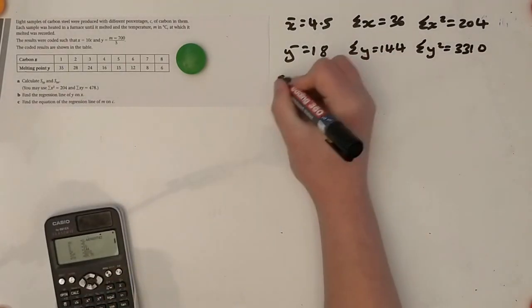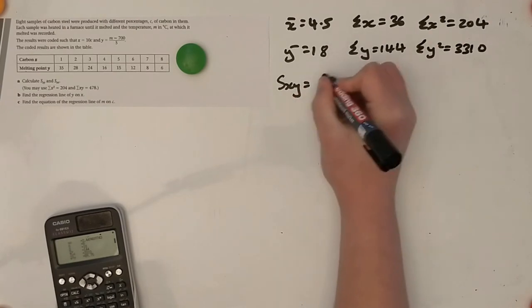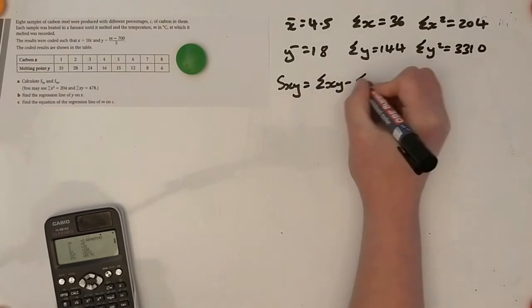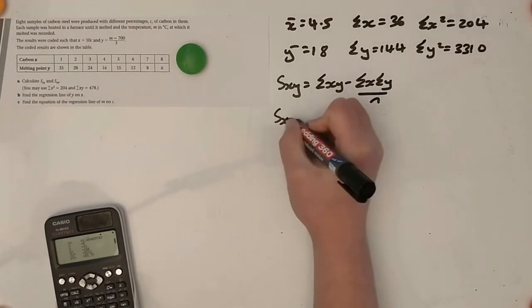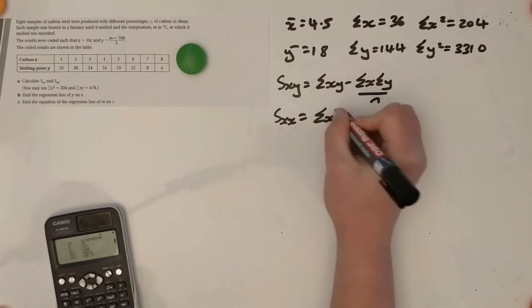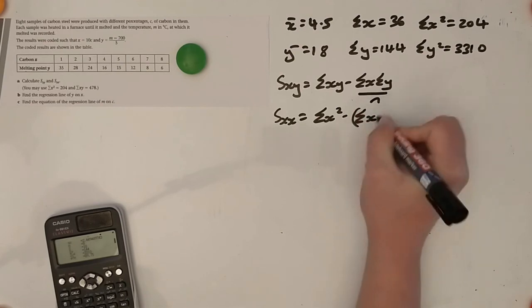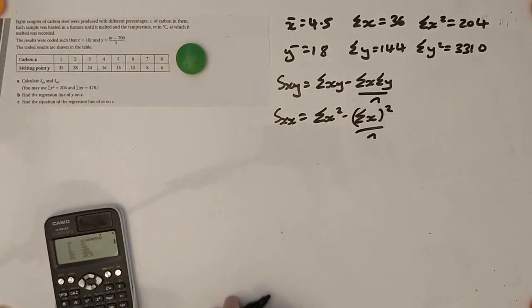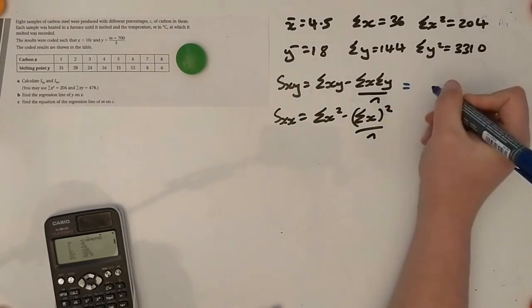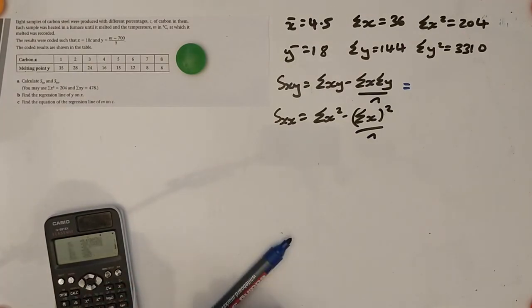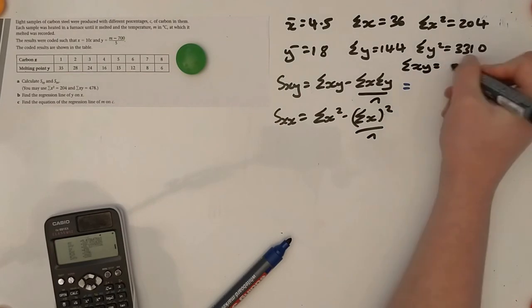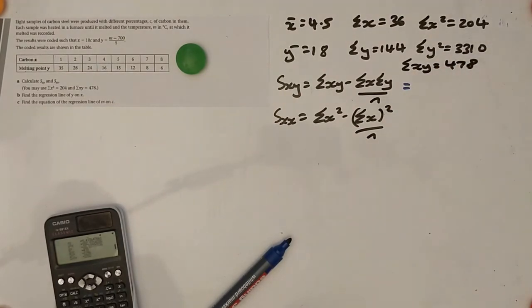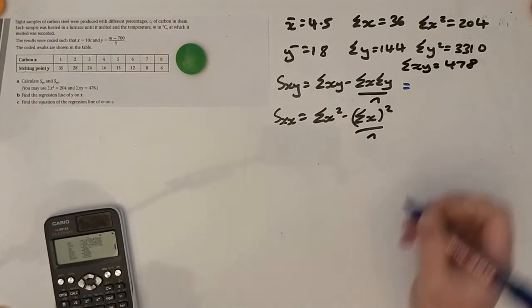So Sxy is sum of XY minus (sum of X)(sum of Y) over n, and Sxx is sum of X squared minus (sum of X) squared over n. I didn't write sum of XY. Sum of XY is 478. It's given to you in the question as well.